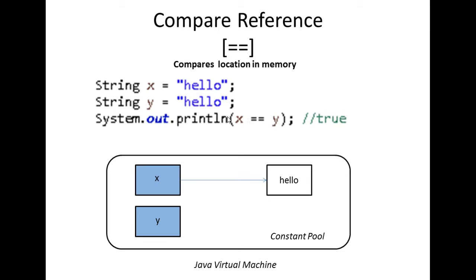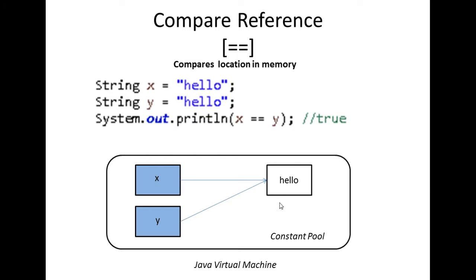Now we have this string y, and basically what's going to happen here is that if y finds that there is already a hello value that already exists within a specific location in memory, then y is going to also point to this hello. And that here is why we're getting true.